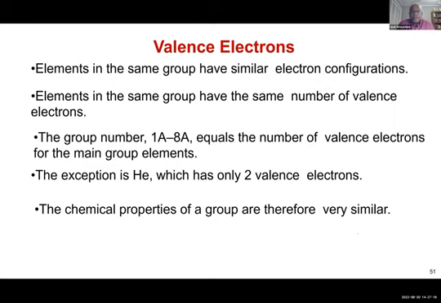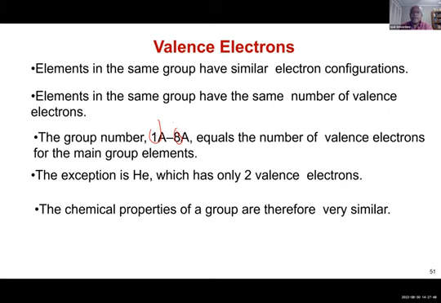The groups we describe as 8 groups, 1A through 2A, 3A, up to 8A, equal the number of valence electrons. If you find the group in the periodic table, that number in front of A tells you how many valence electrons there are.